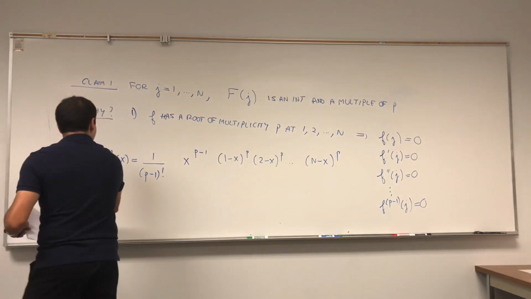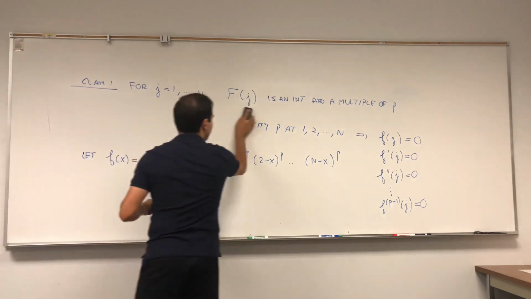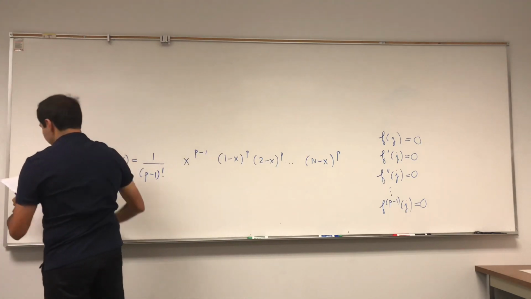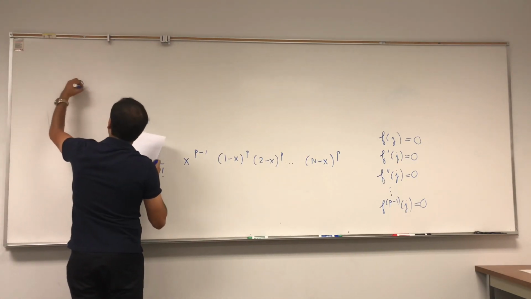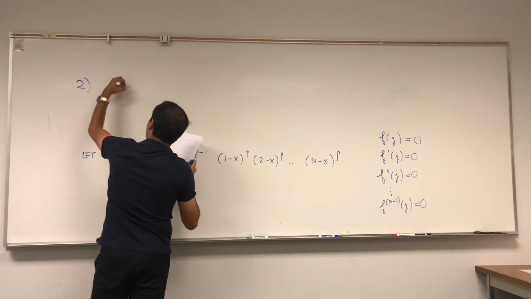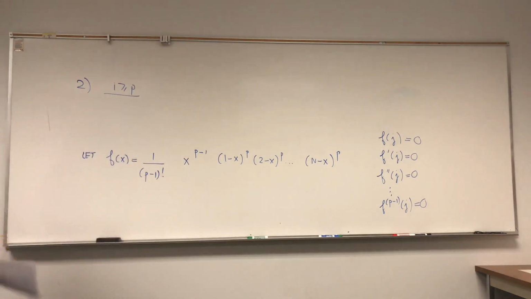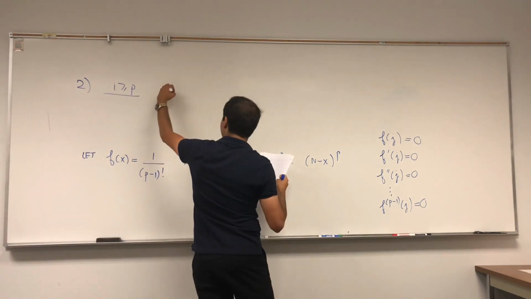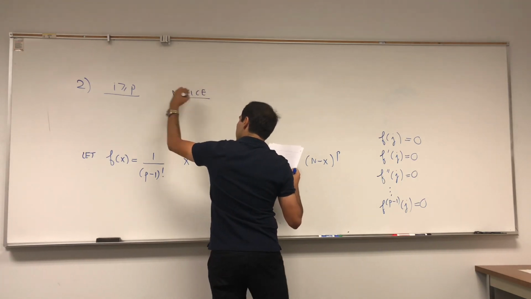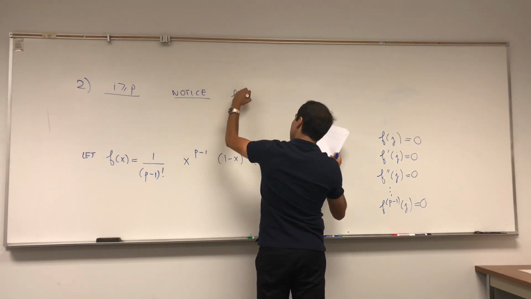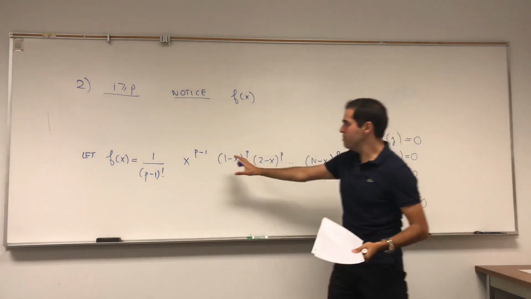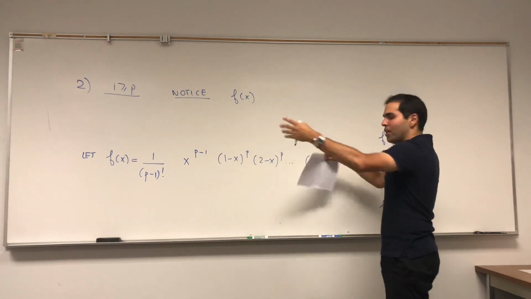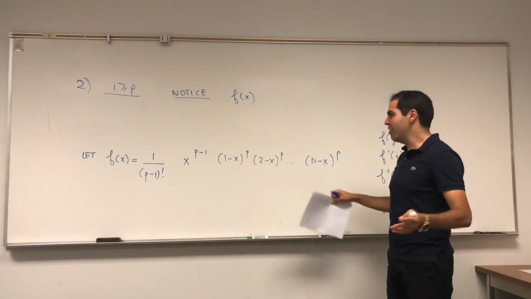And again, let me leave this little f. Now, let's see what happens when we take p derivatives or more. Suppose we expand out f. The smallest term of f of x is x to the p minus 1 if all those other factors are constant. So imagine you FOIL out this huge polynomial.